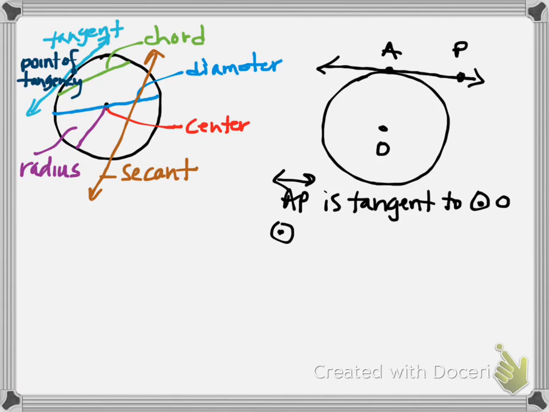We can also say that circle O is tangent to line AP. So the relationship goes both directions. We can say that A is the point of tangency.